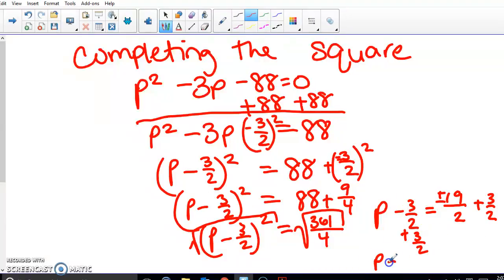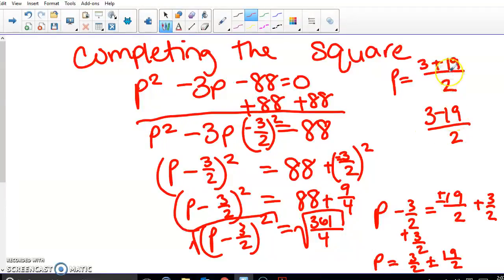So our p equals 3 over 2 plus or minus 19 over 2. So 3 plus 19 is 22 over 2, or p equals 11, and negative 8.